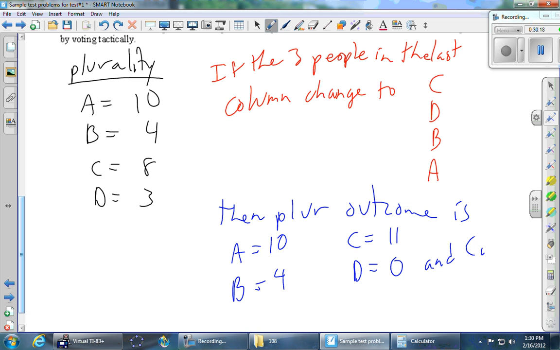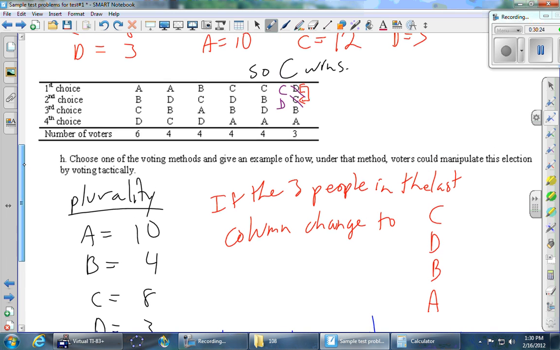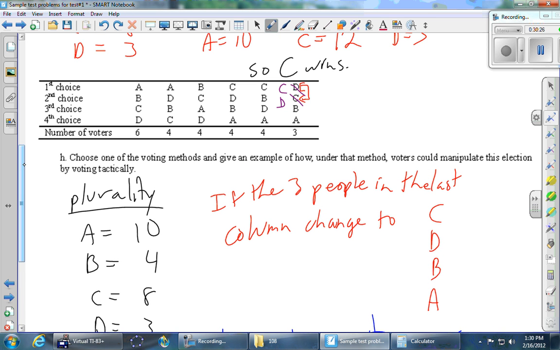But the good news for those folks is that C is the winner. There's nothing they could do to get their top choice, D, to win this election. But their second best choice right there was C. And their very last choice was A. So they managed to avoid this unhappy situation and make it so that, well, okay, D didn't win, but at least we can get our second favorite person in there, C wins.